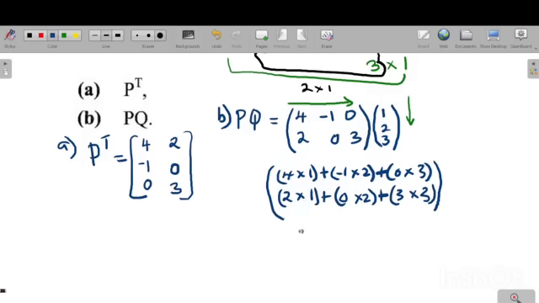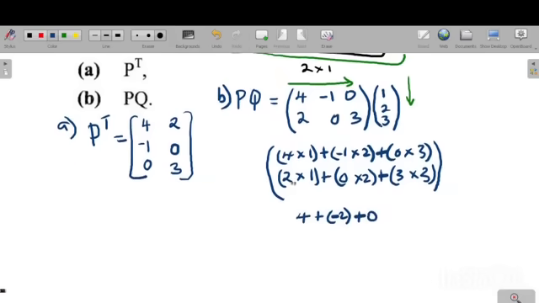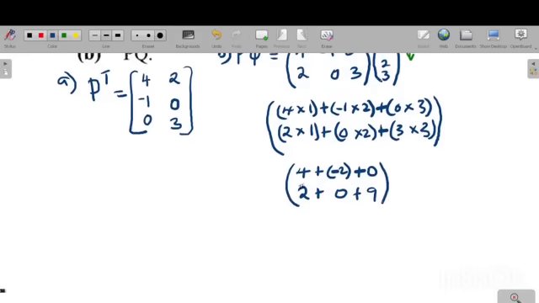So 4 times 1 is 4. Then plus -1 times 2 is -2. Then 0 times 3 is 0. All right. Then 2 times 1 is 2, plus 0 times 2 is 0, plus 3 times 3 is 9. Okay, so 4 plus -2 plus 0 is just 2.